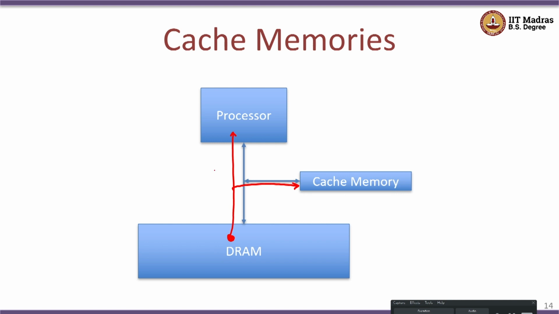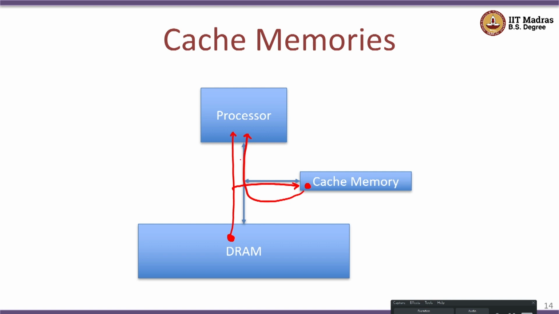However, if there's a subsequent load to the same data, then since the data is present in the cache memory, the data can be directly read out of the cache memory into the processor. Now, this load is going to be considerably faster because the read or the load is from the cache memory and not the DRAM.